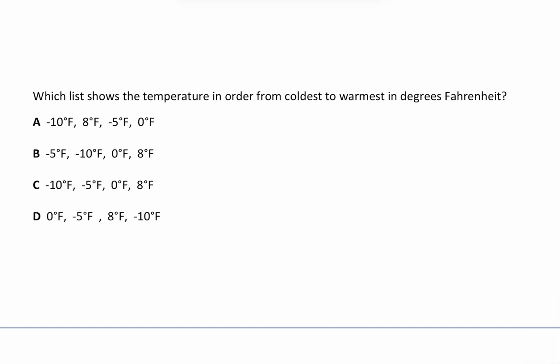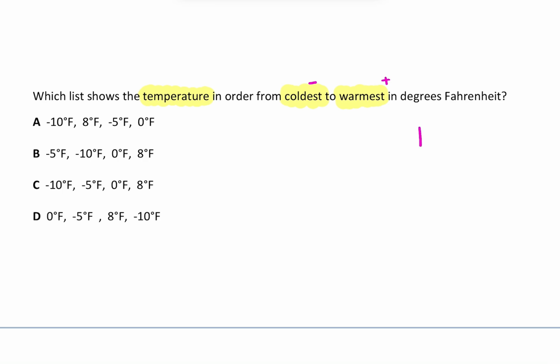Which list shows the temperature in order from coldest to warmest in degrees Fahrenheit? So cold weather is going to be negative, warm weather is going to be positive. And you cannot go negative, positive, negative. That's not a thing.